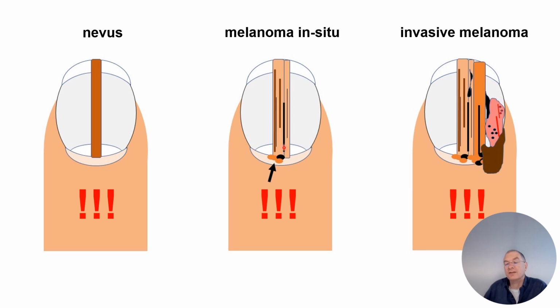And we can also see in dermoscopy the micro-Hutchinson sign. That means the pigmentation is just on the skin, not underneath. And when it's an advanced melanoma, we have destruction, so tumor caps.